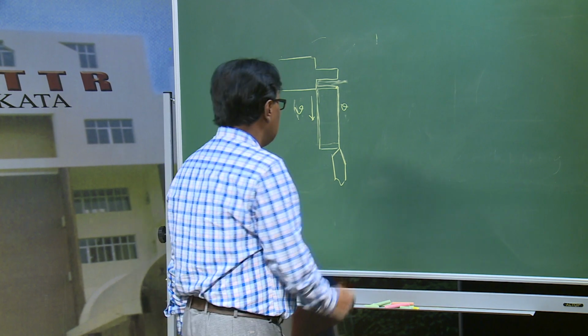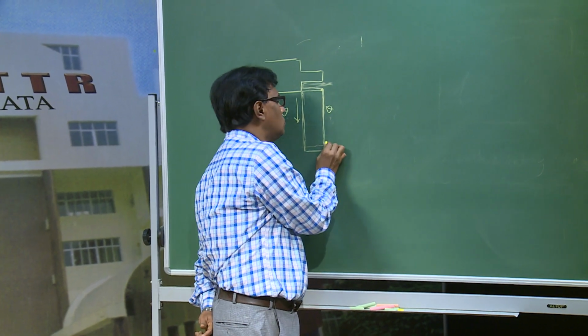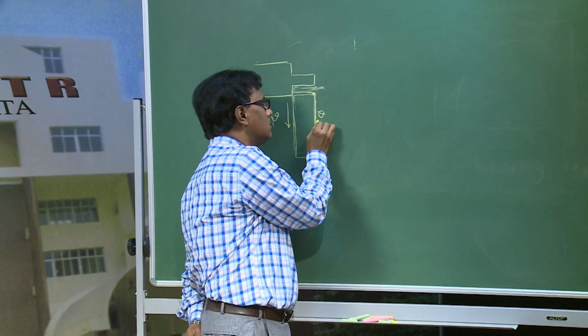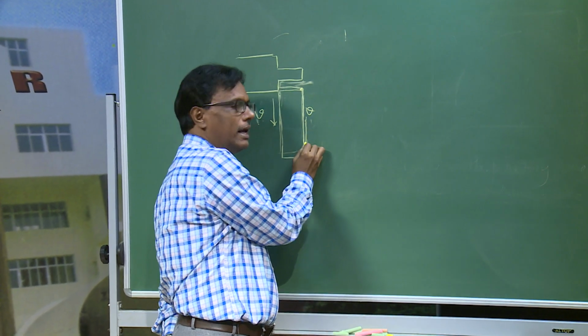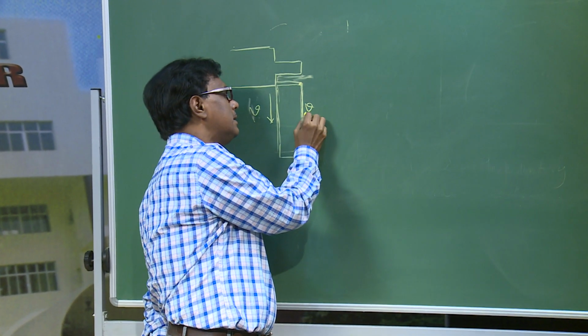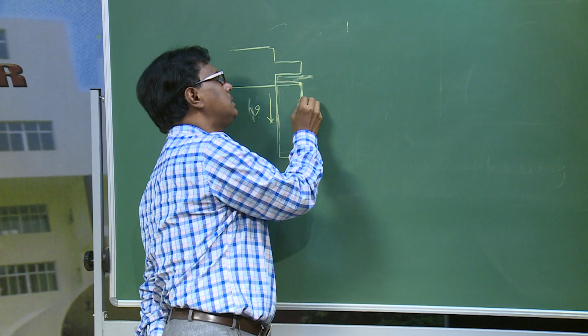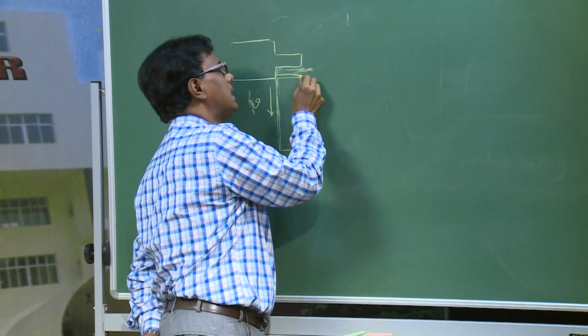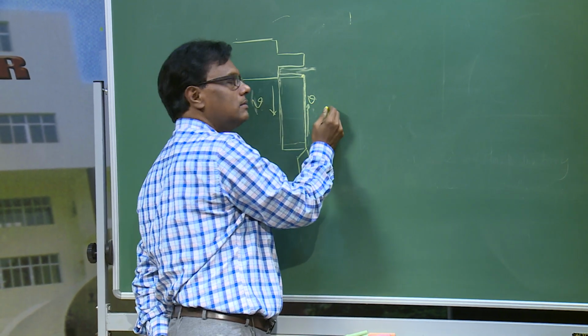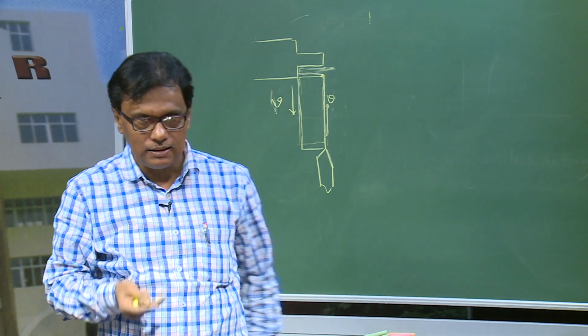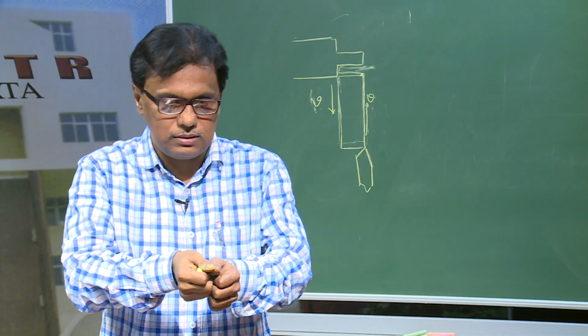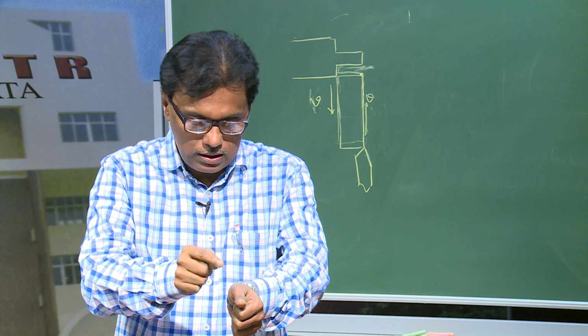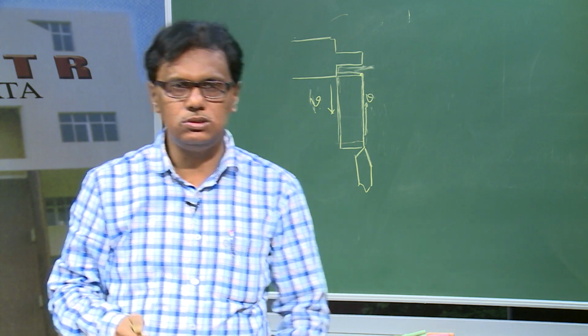What does he do? He initially goes at a higher velocity, and when he is approaching the job, the velocity definitely decreases slowly until the tool touches the job.